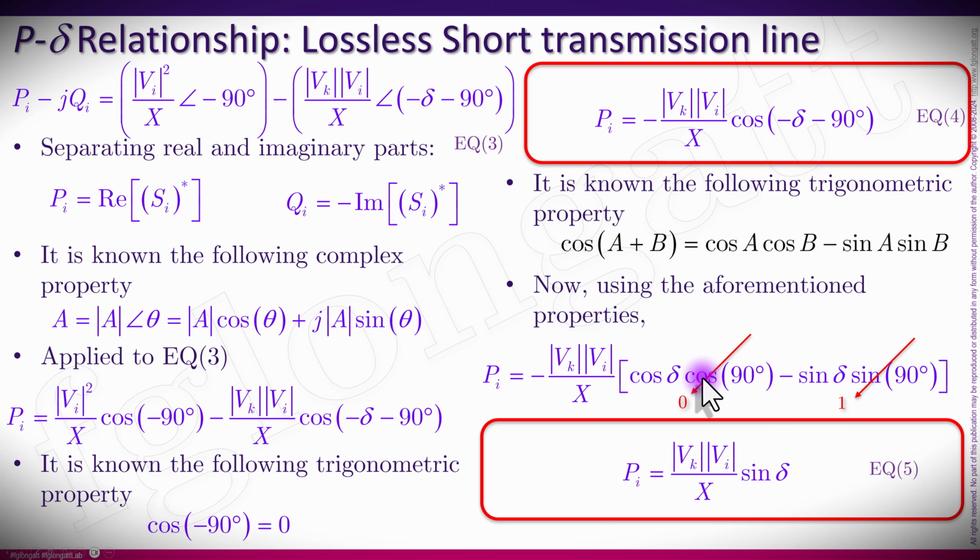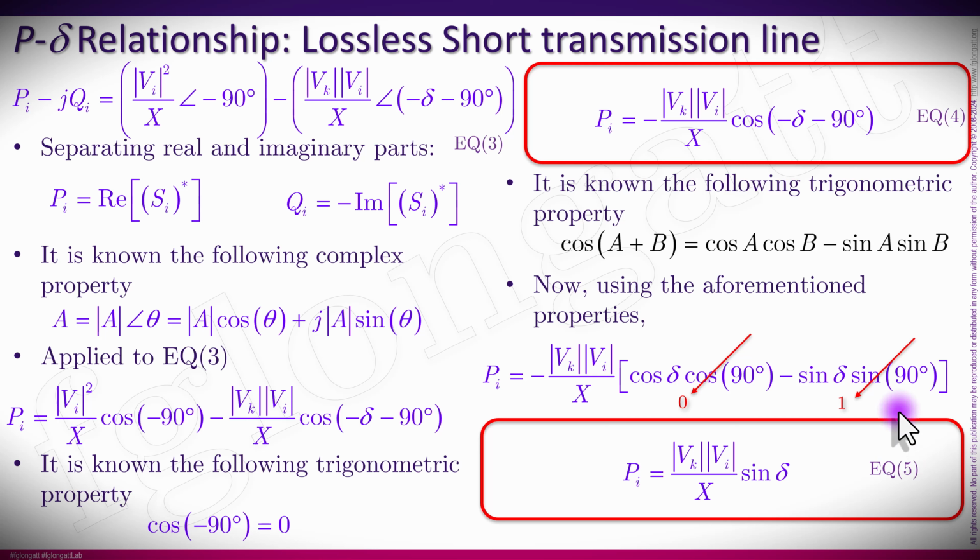But this cosine of 90, of course, is 0, and the sine of 90 is 1. So finally, you will see this equation that you can find in many, many books related to power systems, and that is Vk multiplied by Vi divided by X, sine of delta.